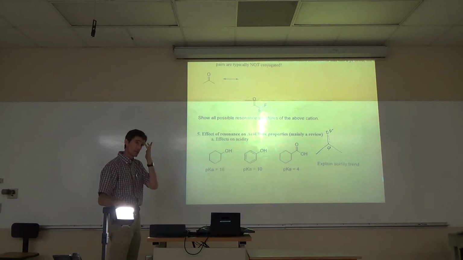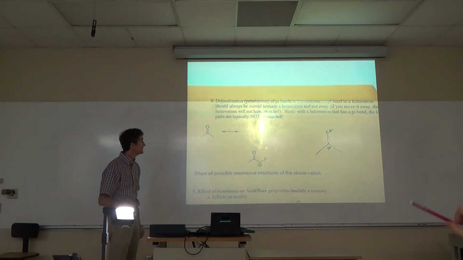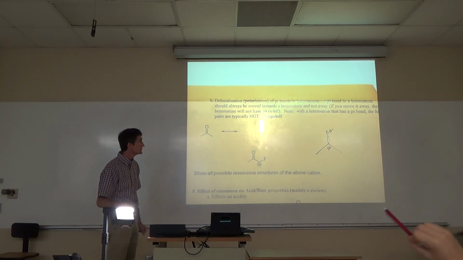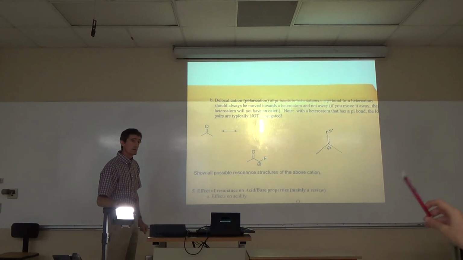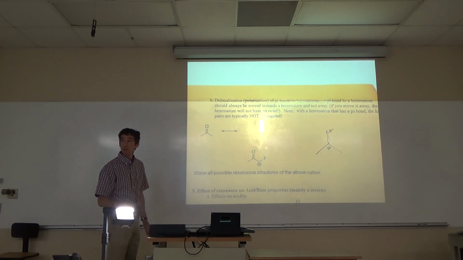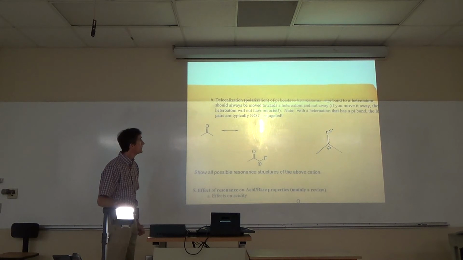Question, Layla? So the ketone is an exception to the rule that lone pairs are typically not conjugated when the heteroatom has a pi bond. That last sentence in the paragraph. What's your question? Well, the ketone is an exception to that rule because the oxygen has a pi bond, but you can still have a resonance structure. I still don't know your question. She's referencing that last sentence where it says no for the heteroatom.